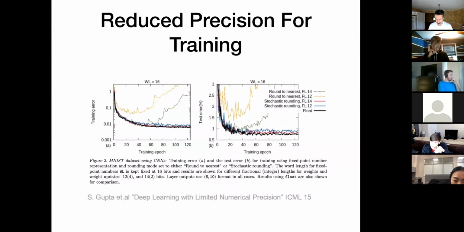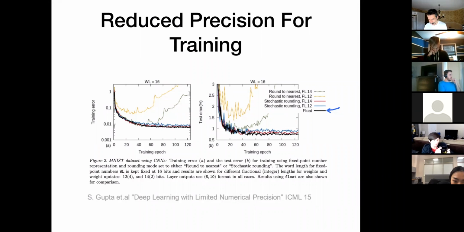For precision, for training also, when you compare, this is your baseline when you have floating point representation for all the stuff.